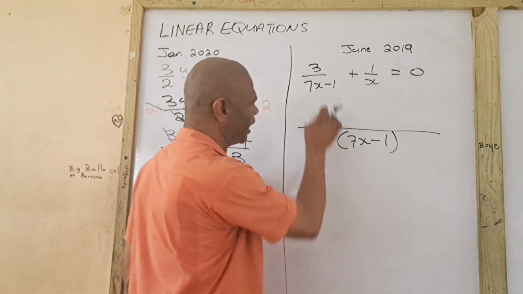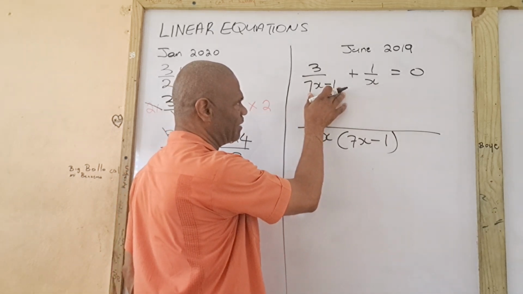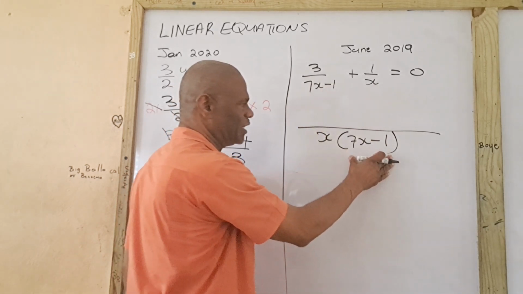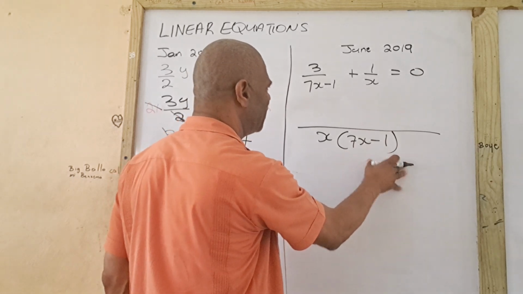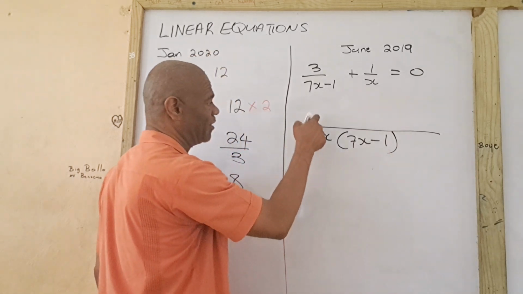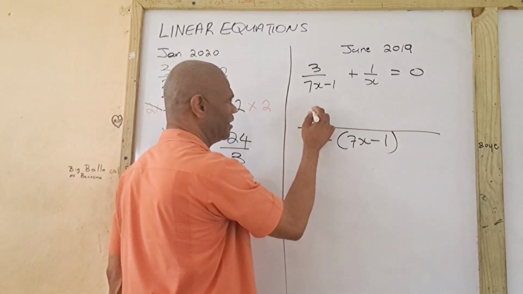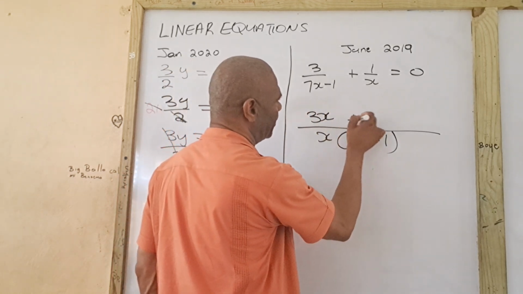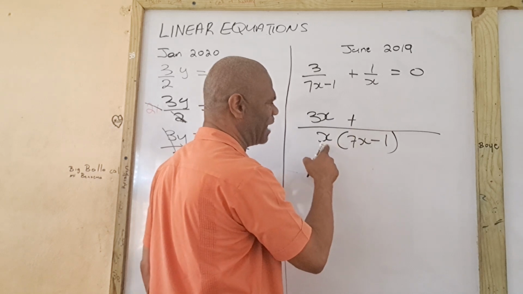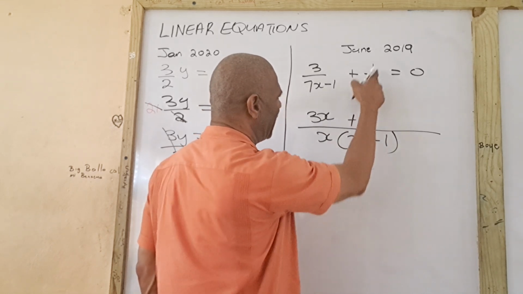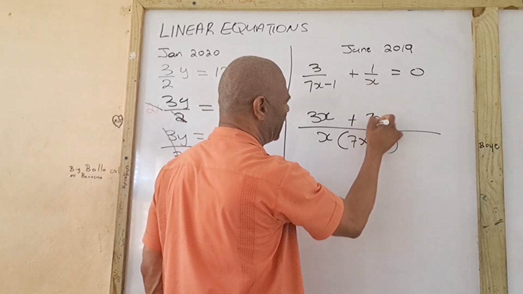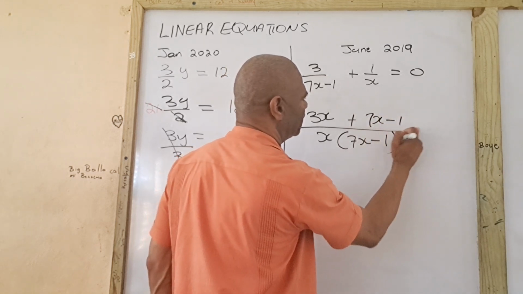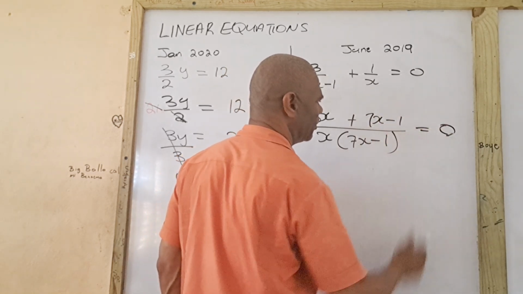So now we can go ahead. 7x minus 1 into x times 7x minus 1 is x, and then x times 3 is 3x, right? Plus x into x times 7x minus 1 is 7x minus 1, times 1 is 7x minus 1, equal 0.